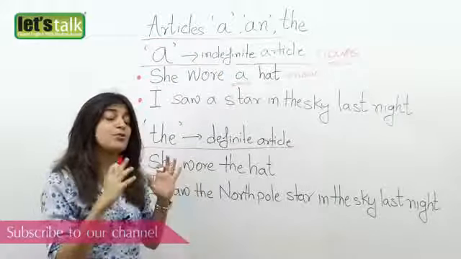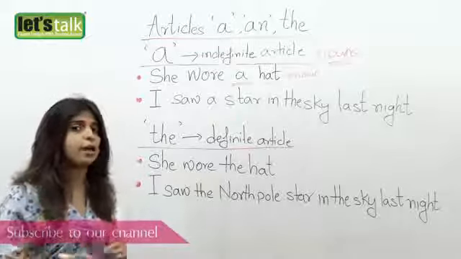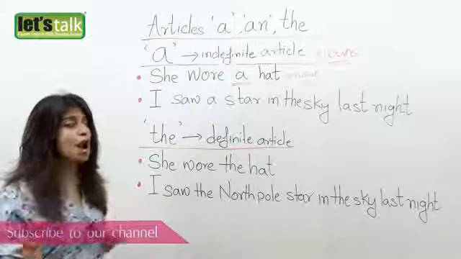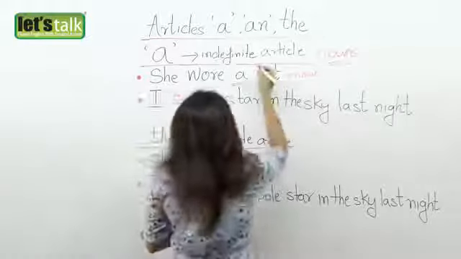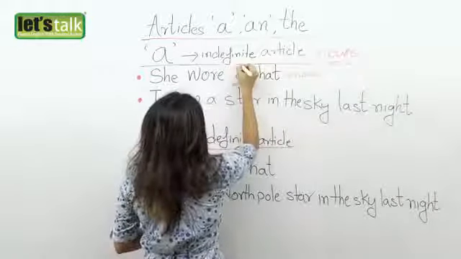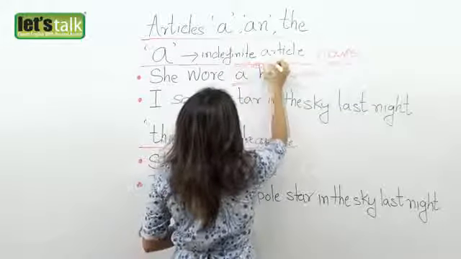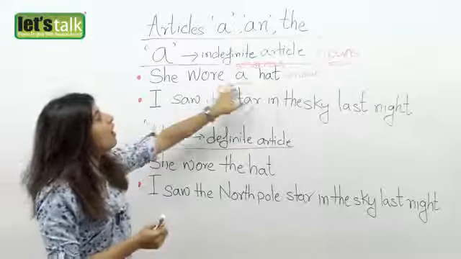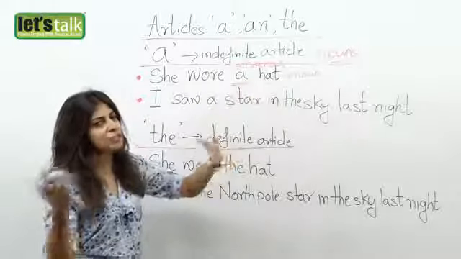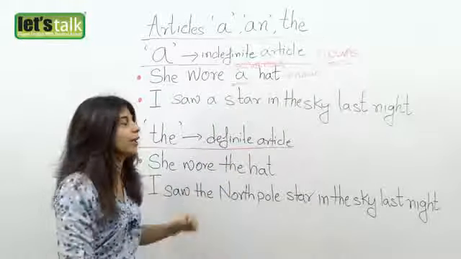It is also known as your indefinite article. That is when you are not talking about something specific, just in general. I'll just write it down for you. So she wore a hat is again a hat, just in general.